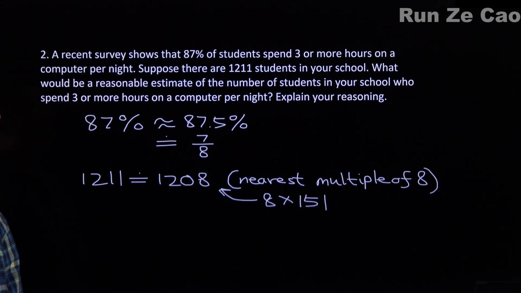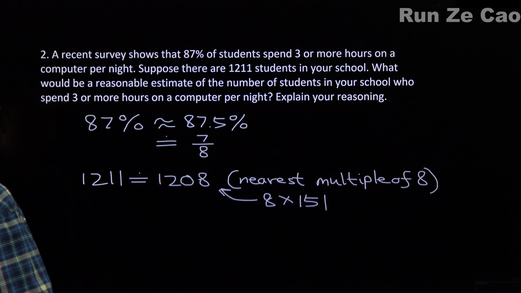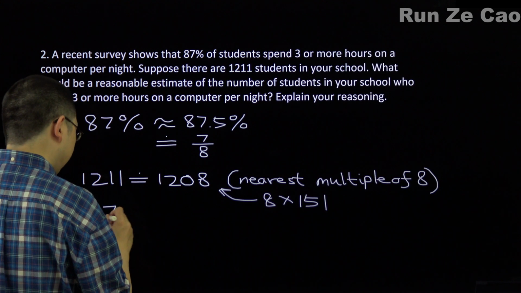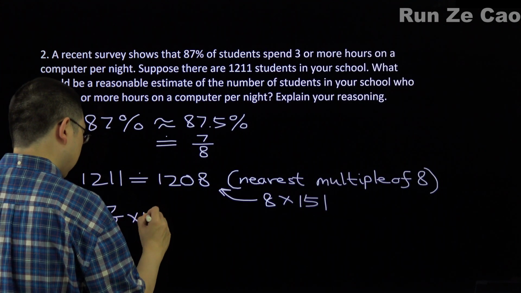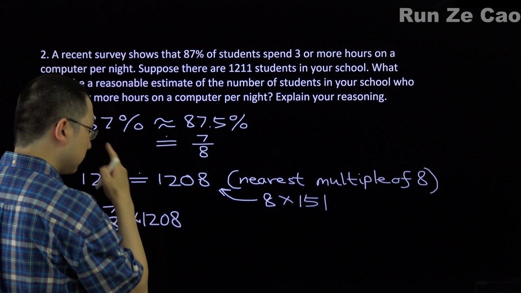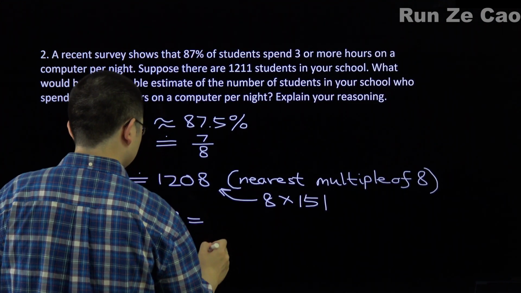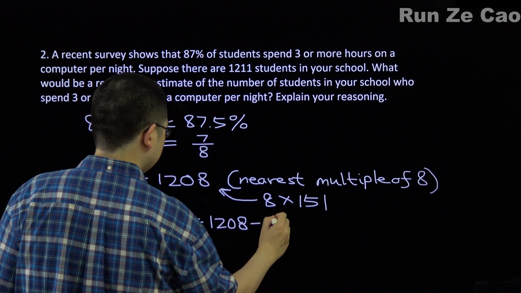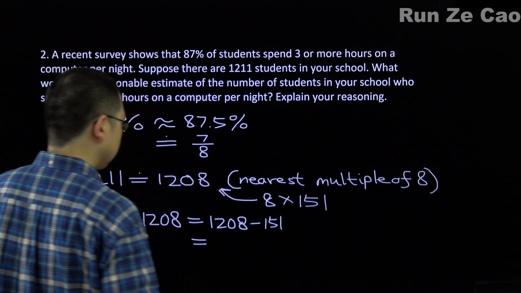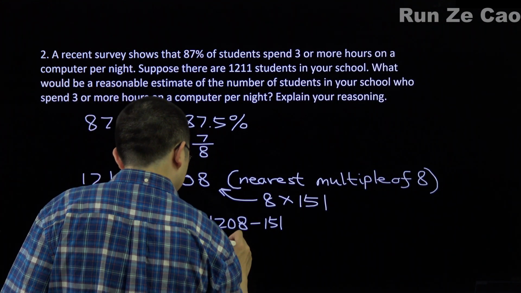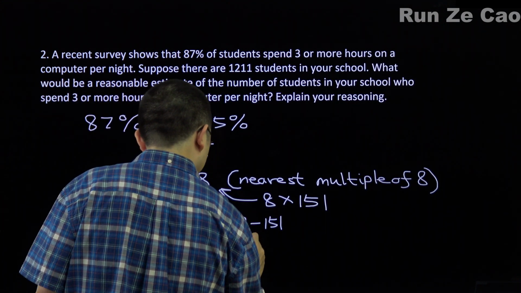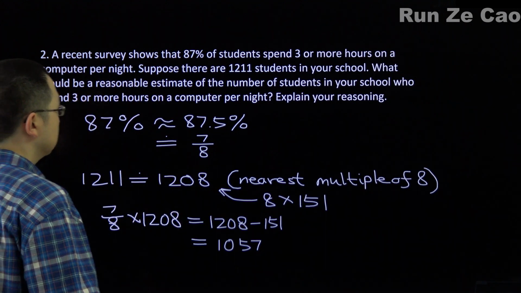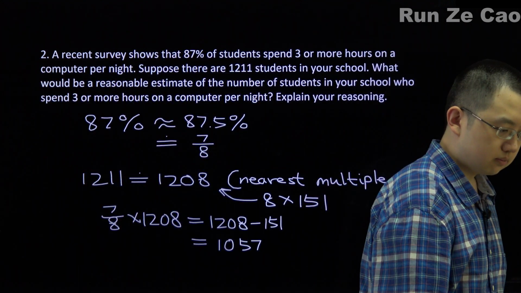So, 7/8 of students spend 3 or more hours on a computer per night. 7/8 times 1,208 is equal to 1,208 minus 151, which would leave us at 1,057 students.